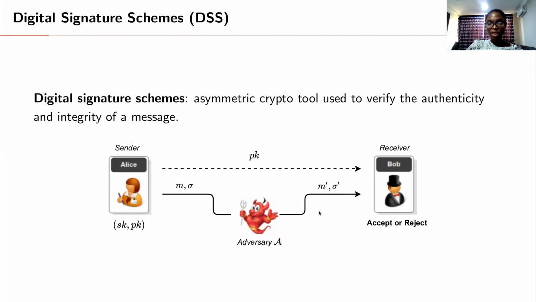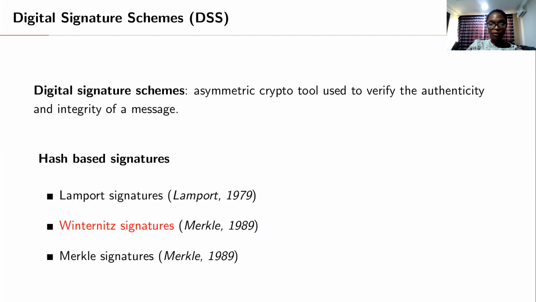We have many types of digital signature schemes. In this work, we are dealing with hash-based digital signature schemes, which are schemes for which the security is based on the properties of hash functions.